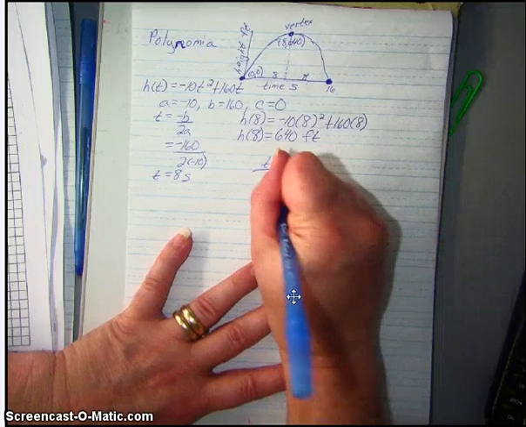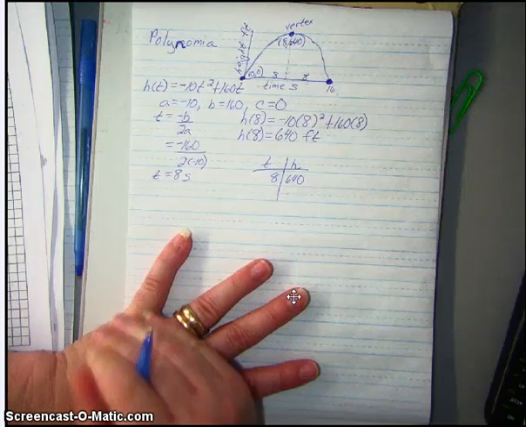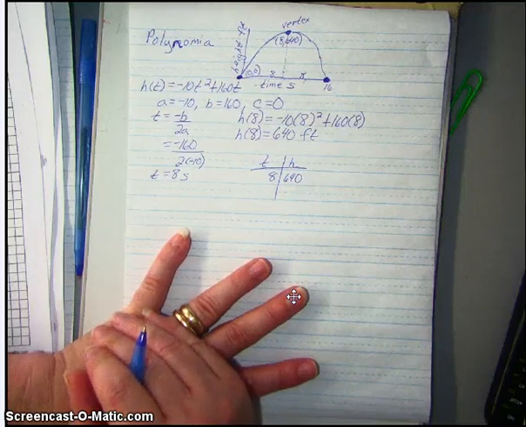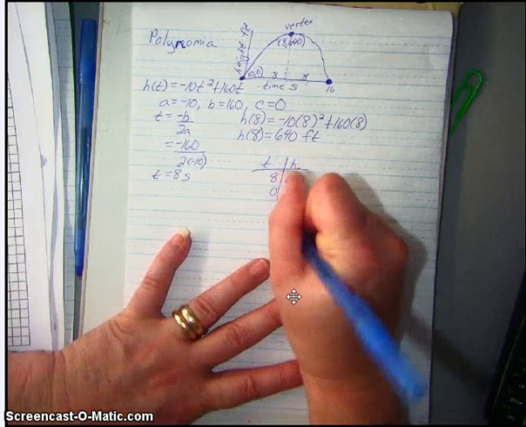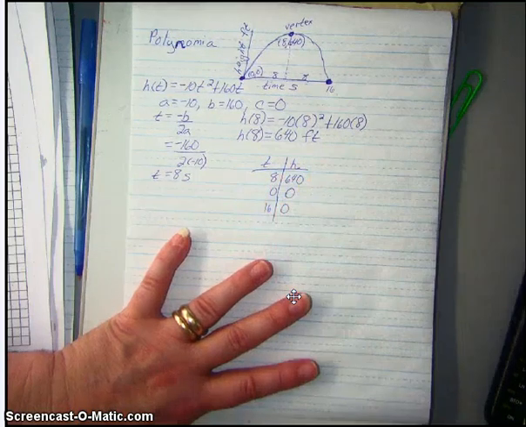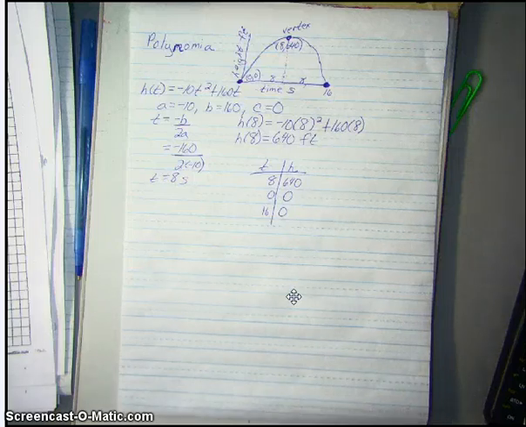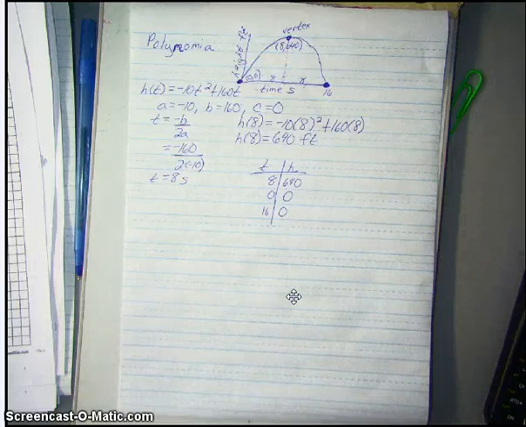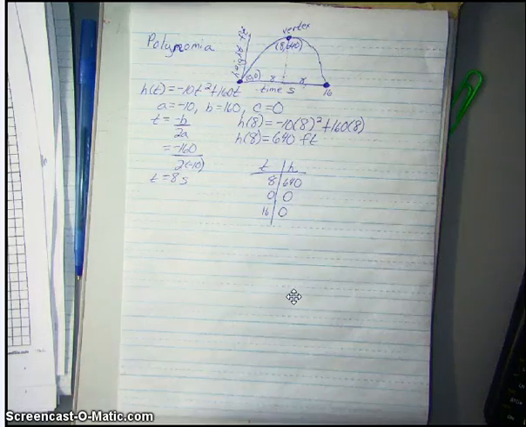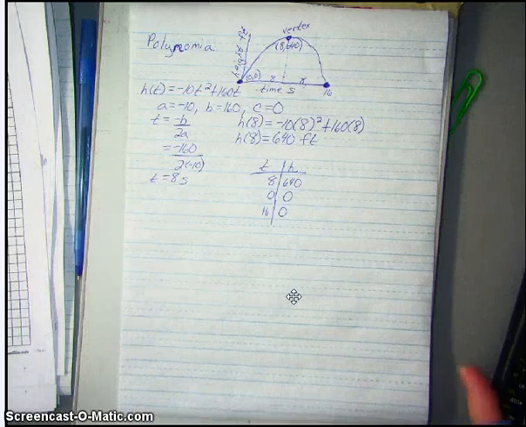My vertex is at (8, 640). And my 2 t-intercepts are at (0, 0) and (16, 0). So I've got 3 of the points I need. So I need 2 more points, and I don't want them to be too close to the vertex. I want to be able to spread out and see some more accurate data over the entire flight path.